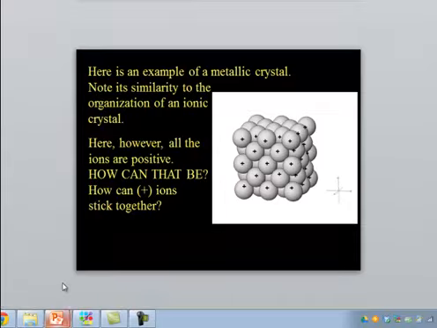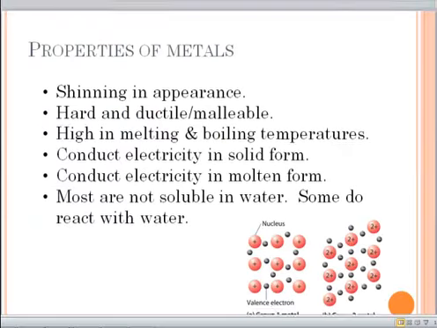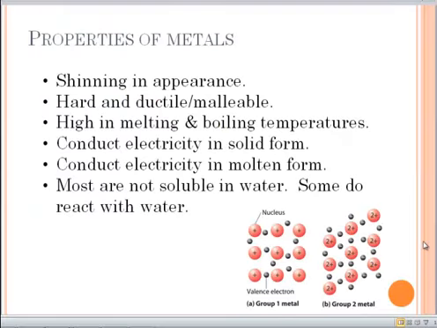Let's switch back to the continued discussion of the metals as we summarize. Metals are shiny in appearance, hard, ductile and malleable, with high melting and boiling temperatures. They conduct electricity in solid form and in molten form. Most are not soluble in water.